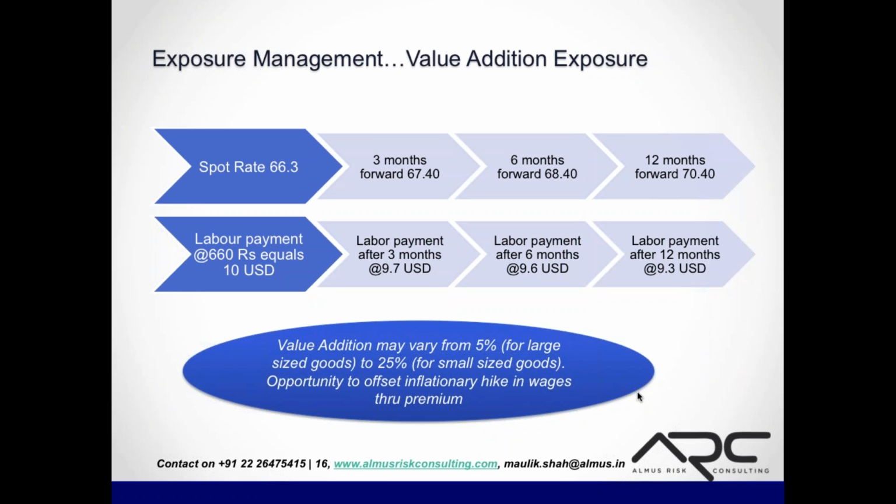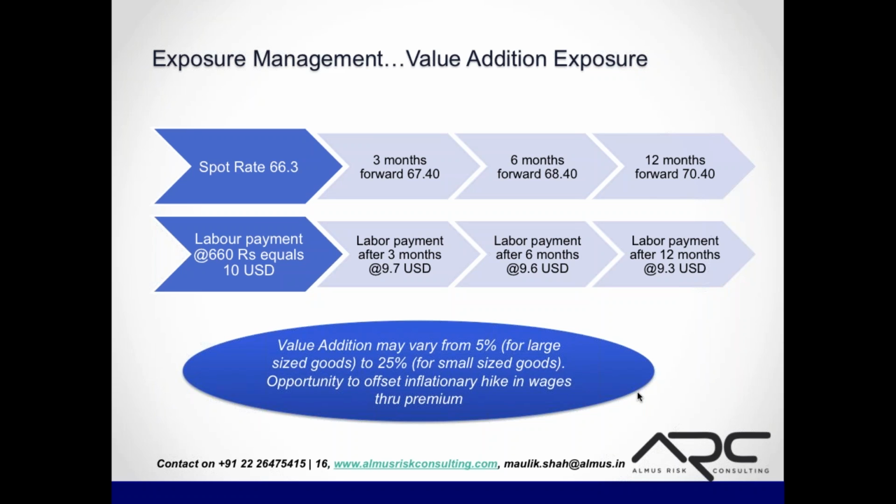If you are a trader, possibly this is not applicable to you, but if you are a manufacturer, this is definitely something that you need to manage and include as part of your budgetary provision and business plan, when you provide for an estimate of your labor. And if you see dollar rupee, there is a premium of almost 6%.